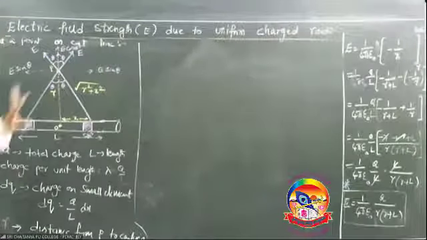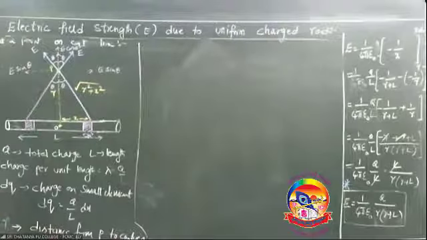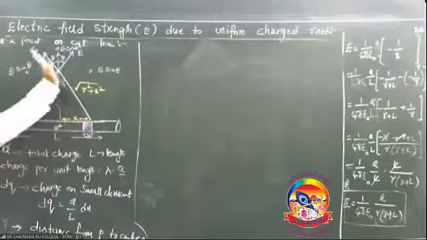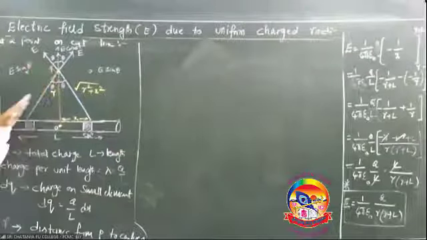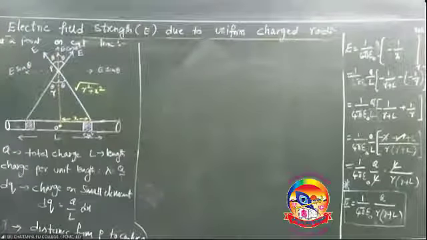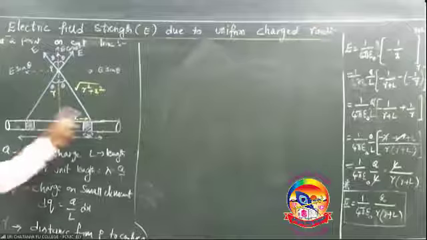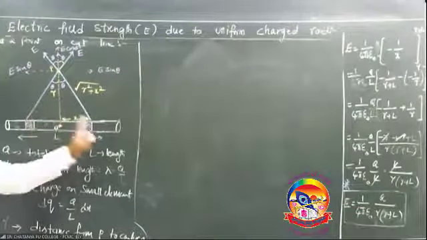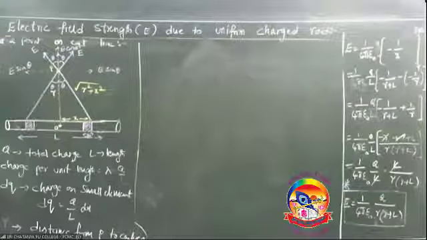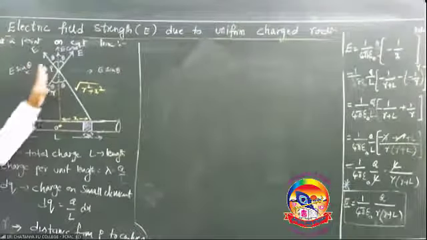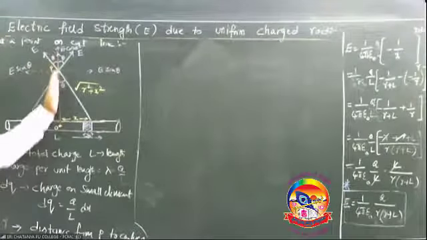So this is the preliminary work that we had to do. If you take any two symmetrical elements on either side and resolve them into components, the E cos theta components go along the equatorial line.